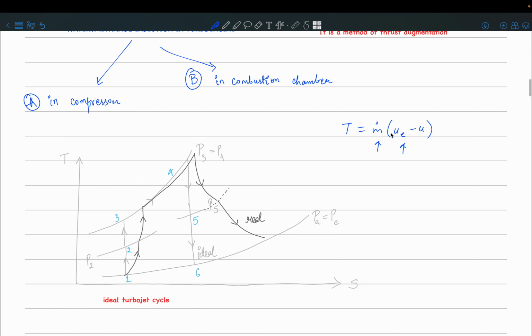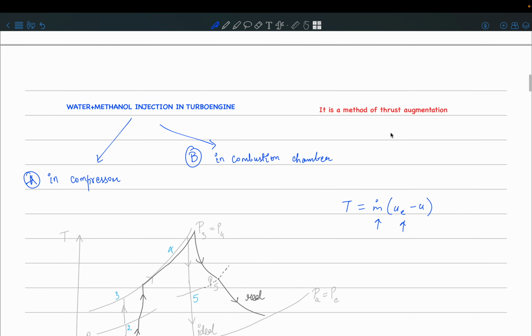One answer is that when you inject water and methanol you are increasing m dot, so then thrust should increase. Another thing is methanol can be used as a fuel in the combustion chamber, so that will also increase the heat addition. It will act like a fuel, so that will help you raise the temperature in the combustion chamber, and it will increase the thrust.